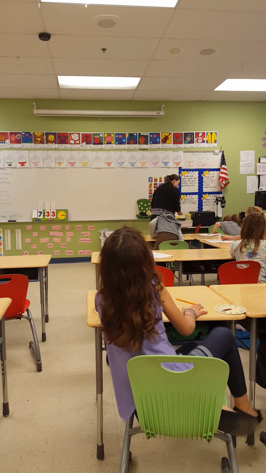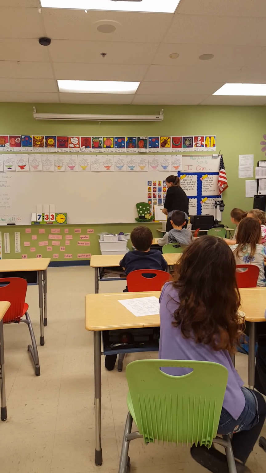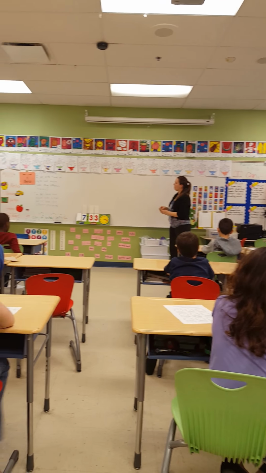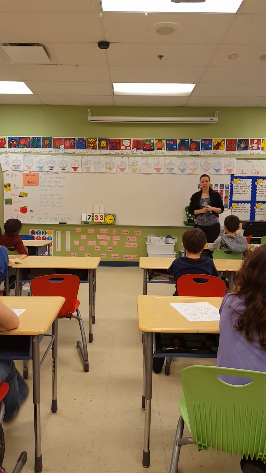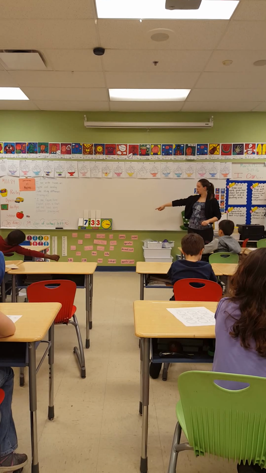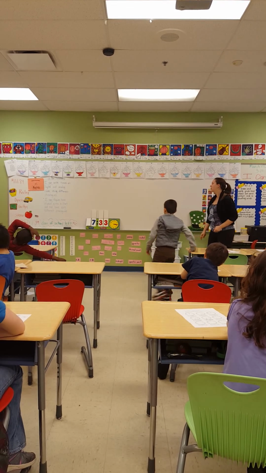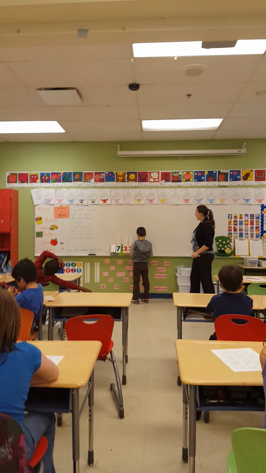You're going to pull some sticks and let's go with Anvar. How did you figure that one out? So you can come up here and you can move your arrows and show that 7:33.